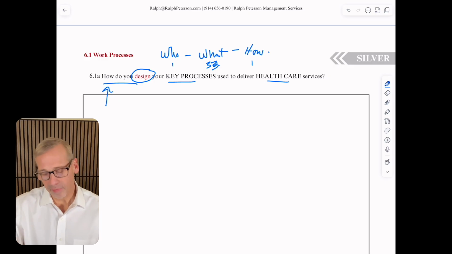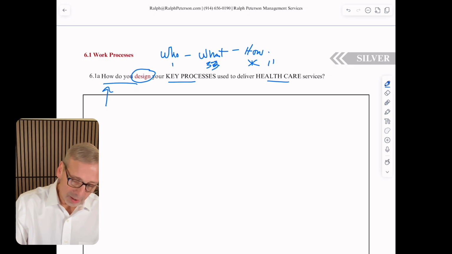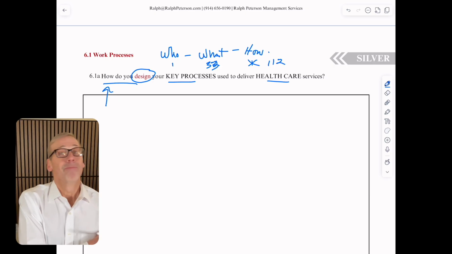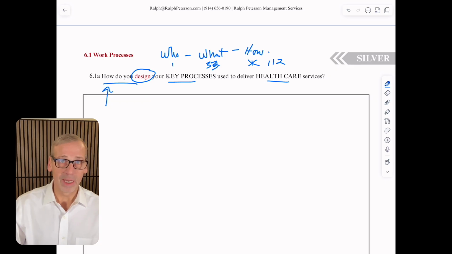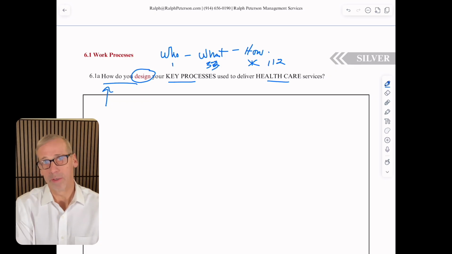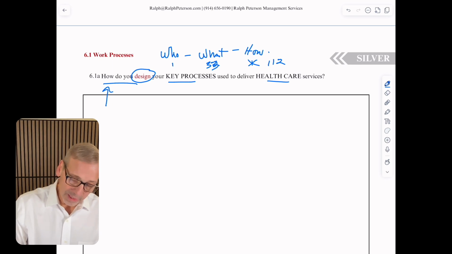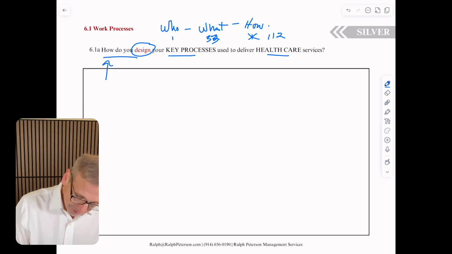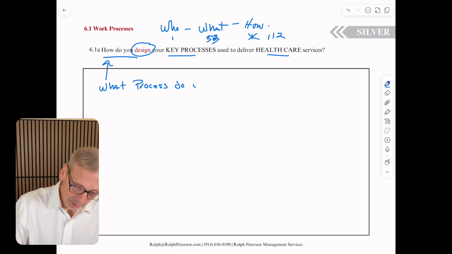Here at the silver, there are 112 how questions. In fact, 90% of the entire application at the silver and gold quality award application are made up of how questions. And when we ask you how, every time, this is a major tip, every time we ask you how, we are asking you, what process do you use?